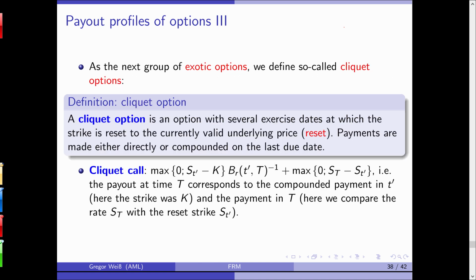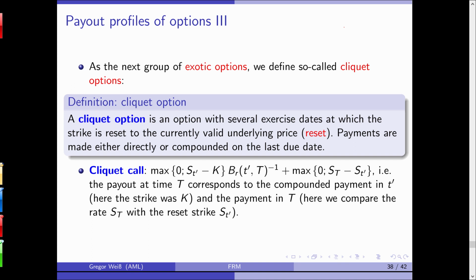Next, a click-it option. What is a click-it option? It's an option with several exercise dates at which the strike is reset to the currently valid underlying price, and this is what we call a reset. Payments are made either directly or compounded on the last due date. So a click-it call, for example, is the maximum of 0 and ST dash minus K, compounded, plus the maximum of 0 and ST minus ST dash.